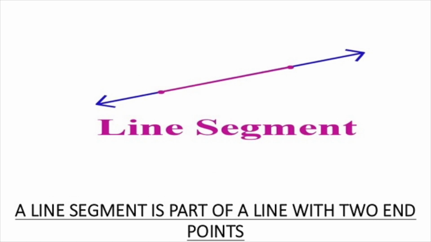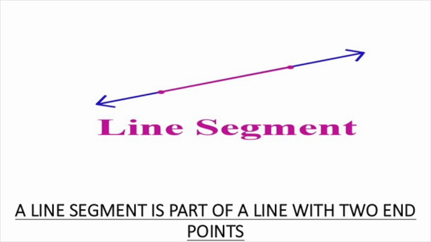A line segment is part of a line with 2 end points. So you can see the line here. The line is all the way from one blue end to the other. But the line segment is between the 2 points.